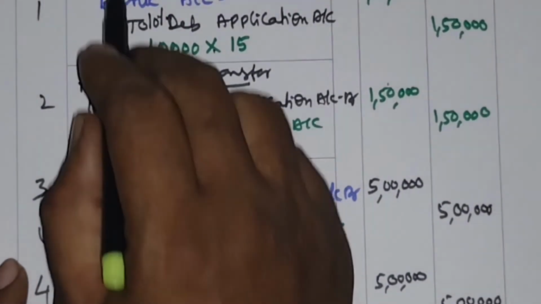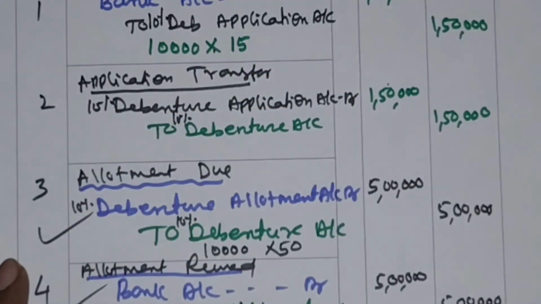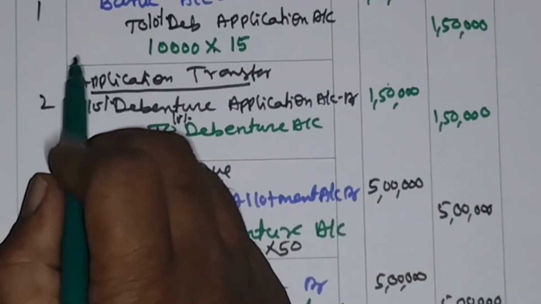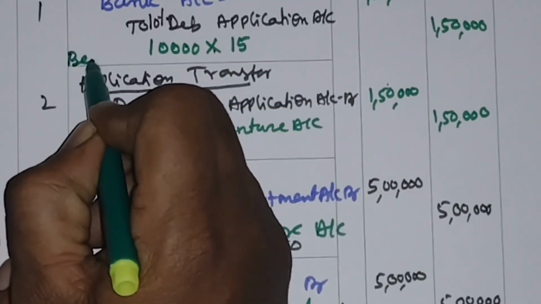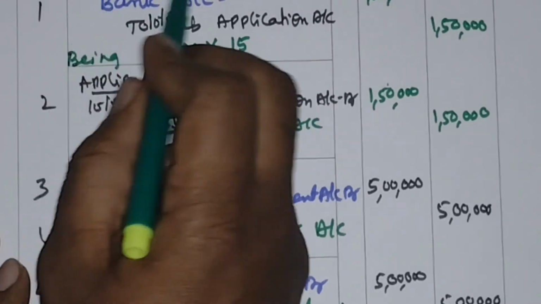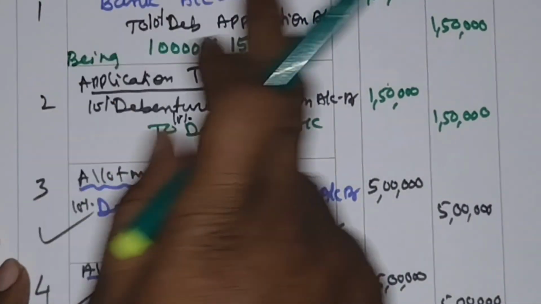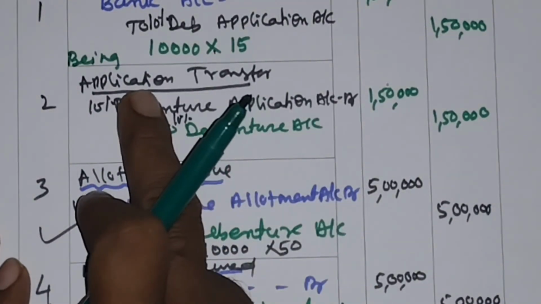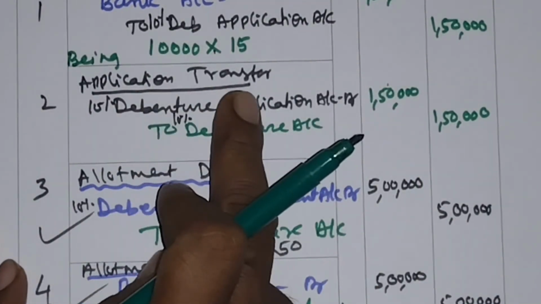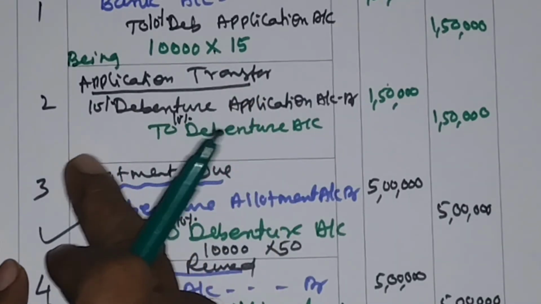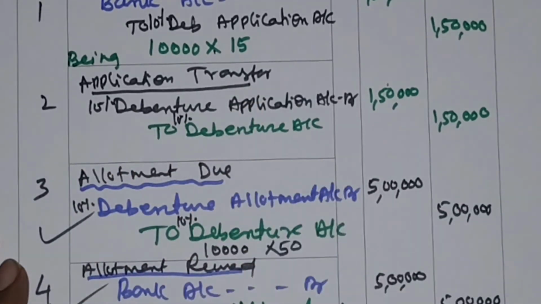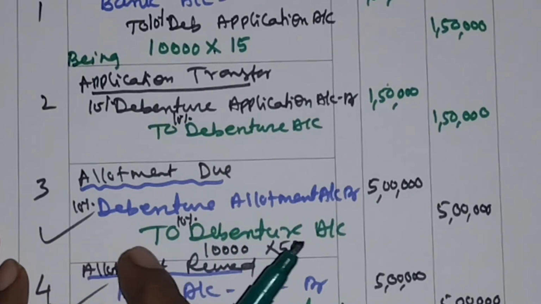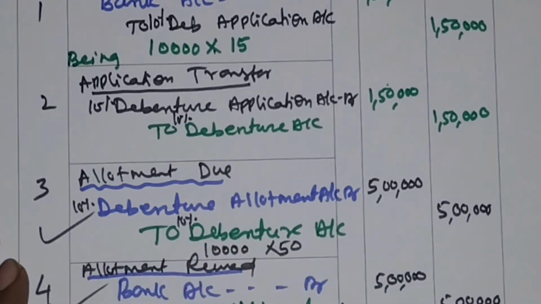For application received, the narration will start with the word being. Application received, being debenture application money received. Application transfer, being debenture application money transferred. Allotment due, being debenture allotment money due.